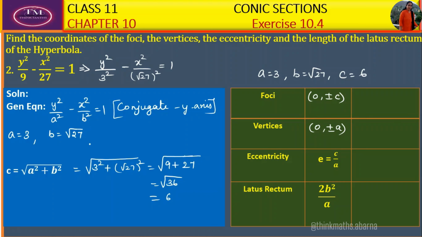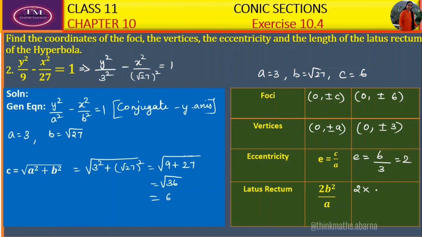Now substituting all this here, we get foci is (0, ±6) and (0, ±3) which is vertices. Eccentricity e is equal to c by a, which is 6 by 3, which is 2. And latus rectum is 2 into b square by a.